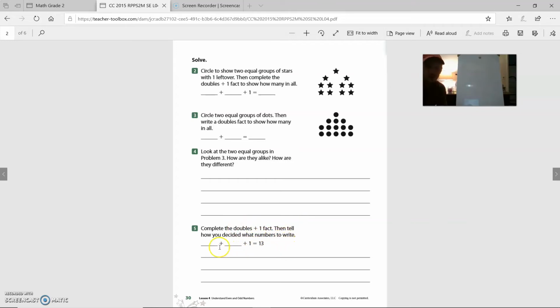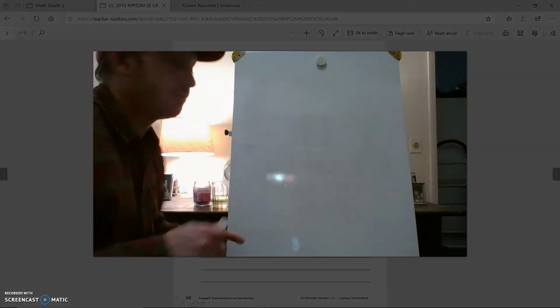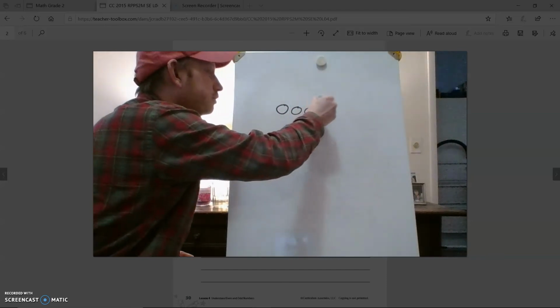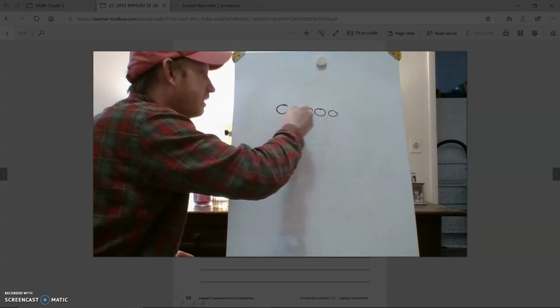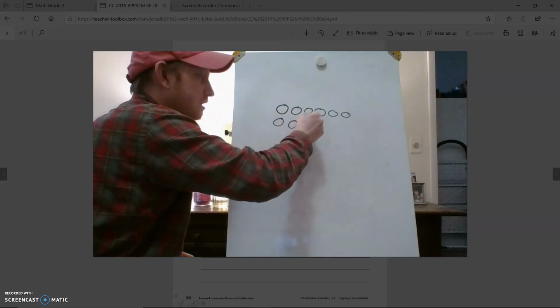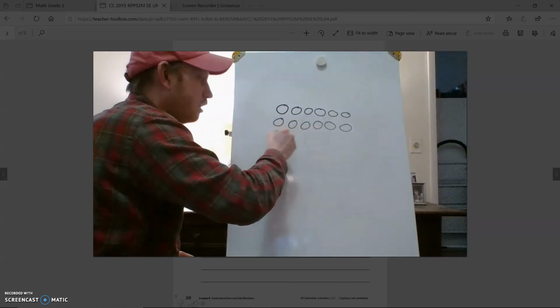Well, we know that this is a doubles plus 1. So I'm going to draw a picture. And I also know that I have 13 in total. So I'm just going to count. 1, 2, 3, 4, 5, 6, 7, 8, 9, 10, 11, 12, 13.